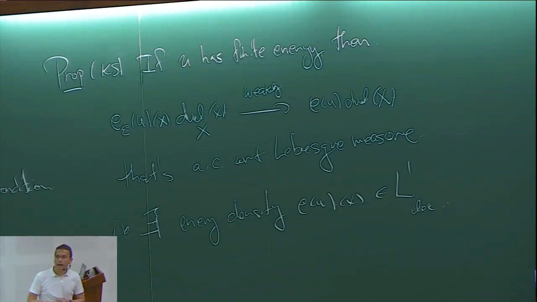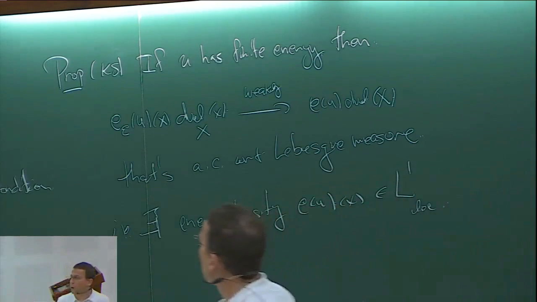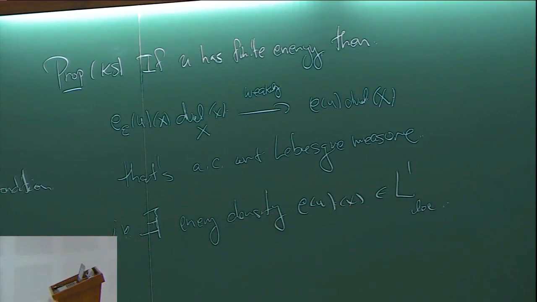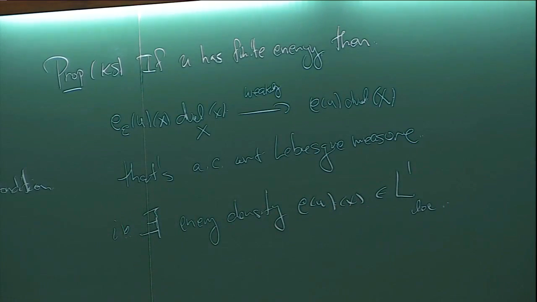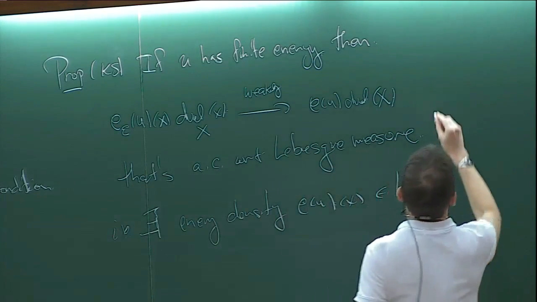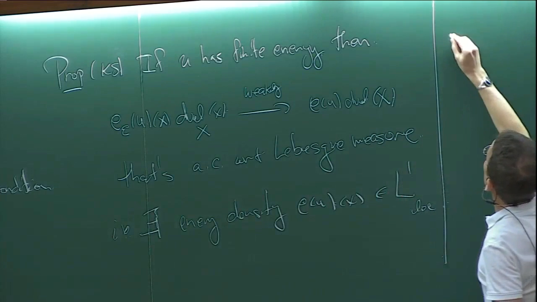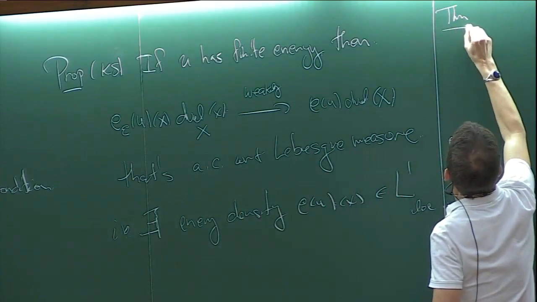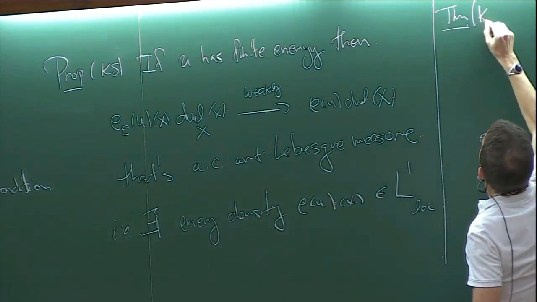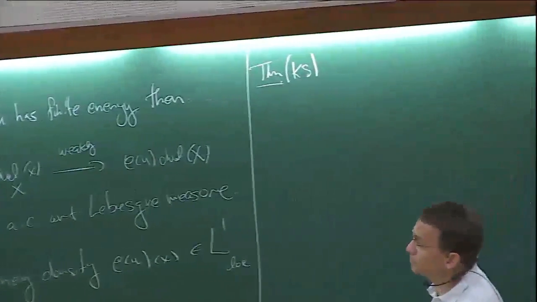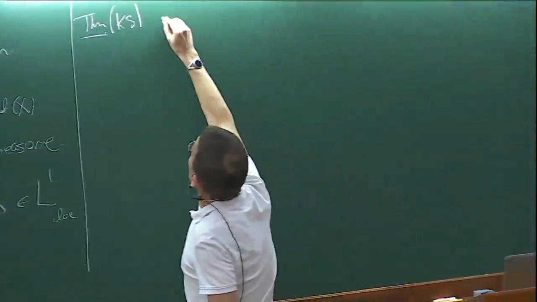And so Korevaar and Schoen go on and now talk about harmonic maps. And they prove many results. Let me just state the key ones. Here are the highlights of the theory. The first one is certainly the most important one. First of all, I should say they prove the existence.